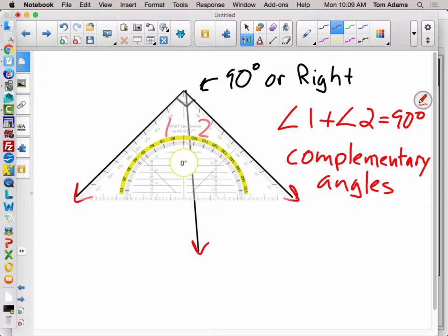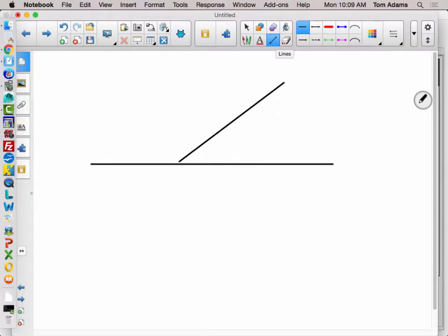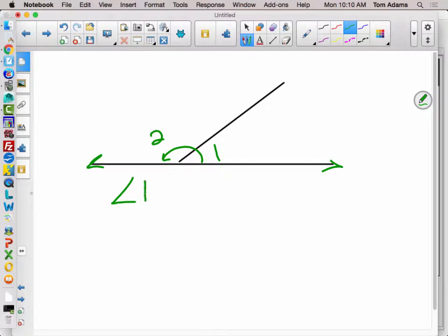All right, so who wants to guess what the next thing I'm going to draw is? Well, let's do it this way. What's the angle from here to here? 180, right? So if this is angle 1 and this is angle 2, and we say that angle 1 plus angle 2 equals 180 degrees, what do we call that? No, complementary was when they add up to 90. Supplementary.